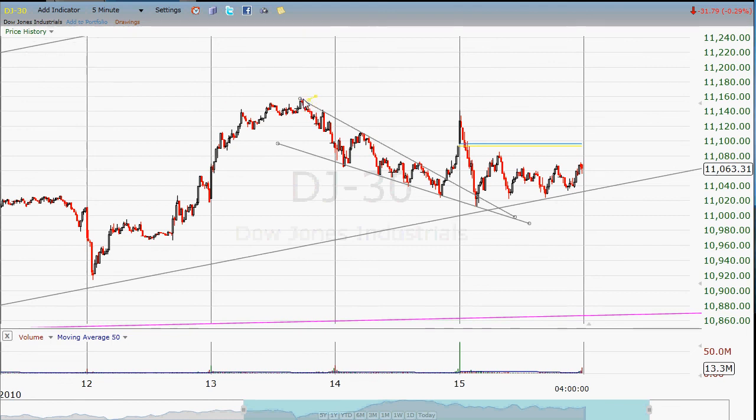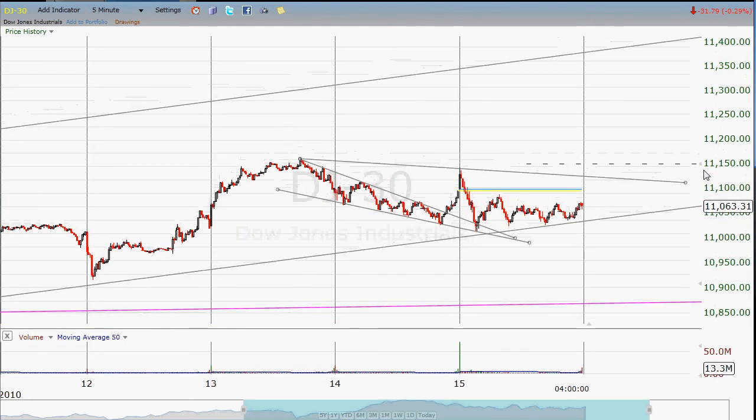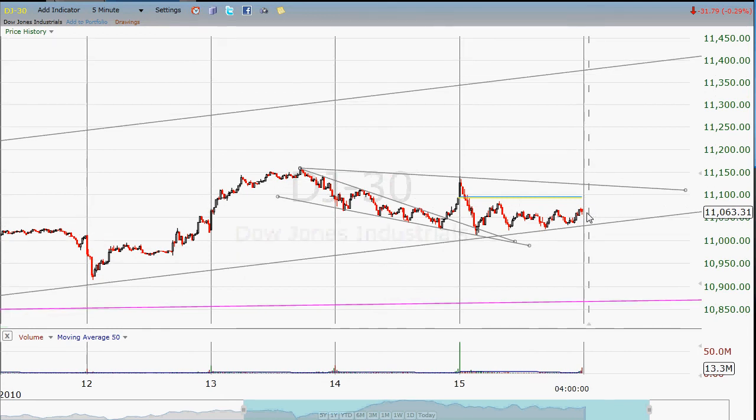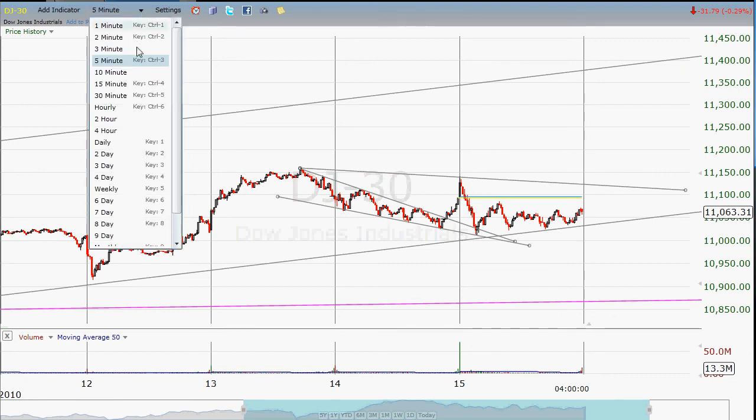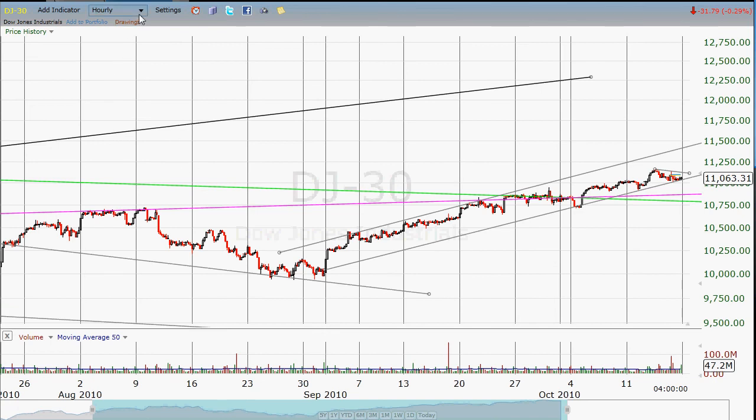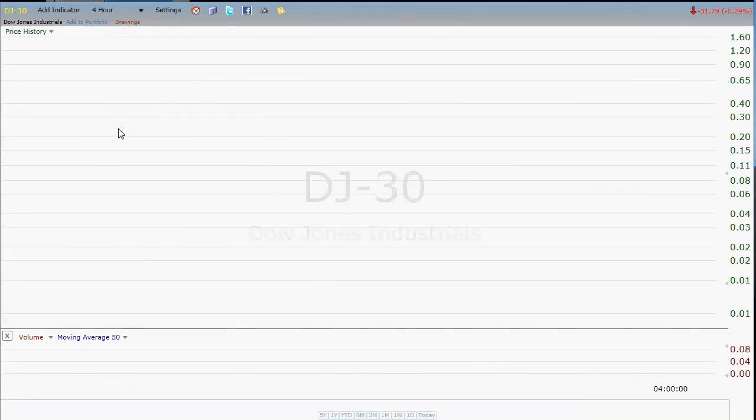So what am I looking for? I'm looking for that line right there to break. I will be thoroughly convinced of the bullish intent of this move if we get over this line and start to head up to 11.4. Now I ask you to remember that number.